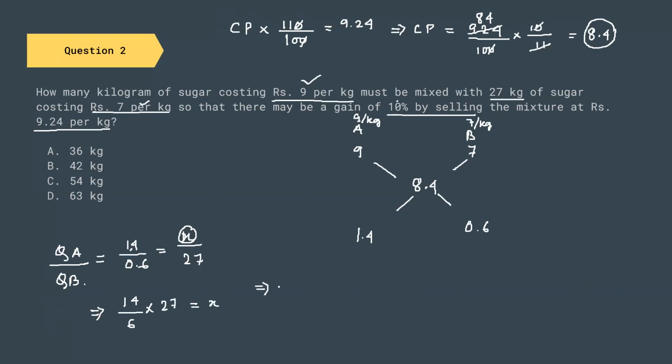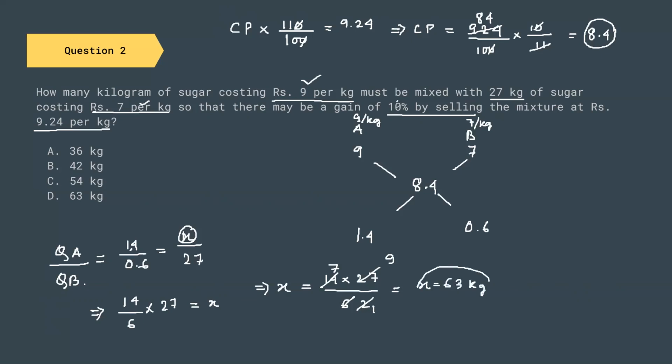So this will give us x is equal to 14 into 27 divided by 6. So this will be 2, this will be 9, this will be 1, and this will be 7. So this gives us x equal to 63 kg.